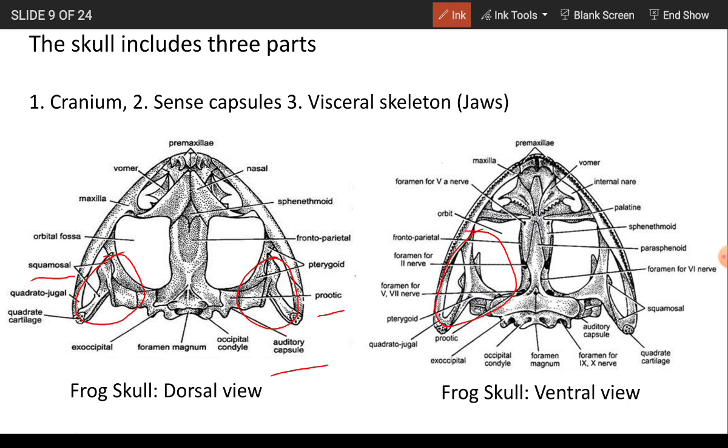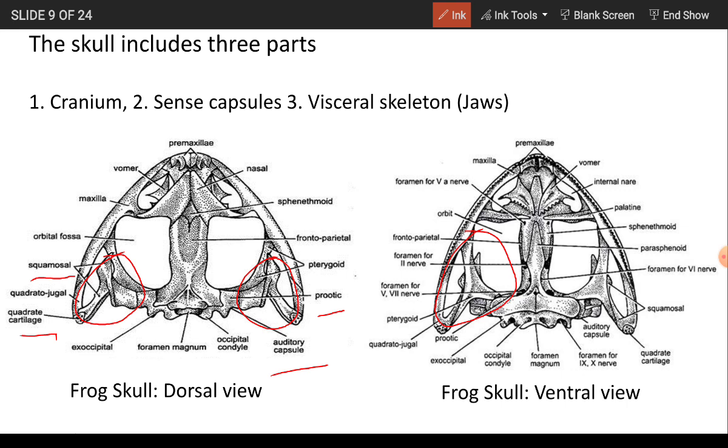The handle of the T-shape articulates with the quadrate cartilage. The handle of the hammer shape is articulating with the quadrate cartilage, and it also forms the posterior dorsal margin of the eye orbit on its side.